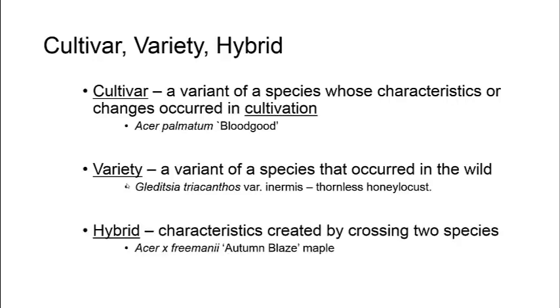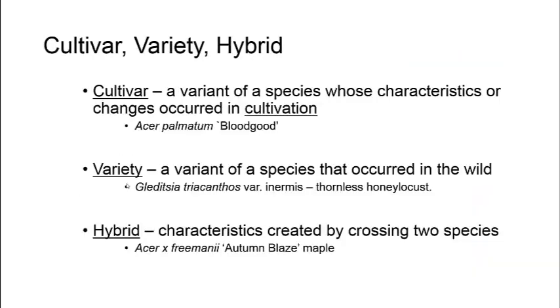A hybrid is created by crossing two species. For example, Acer x freemanii 'Autumn Blaze' is a cross between two different maple species in the Acer genus, and we usually call this one the autumn blaze maple. Hybrids are always designated by an X between the generic name and the specific epithet.